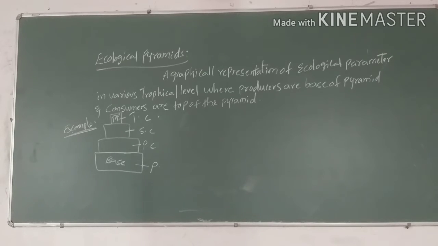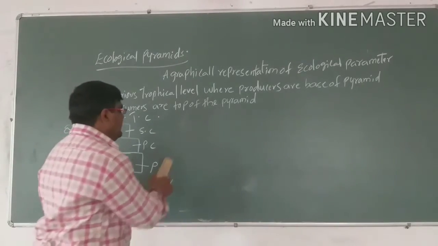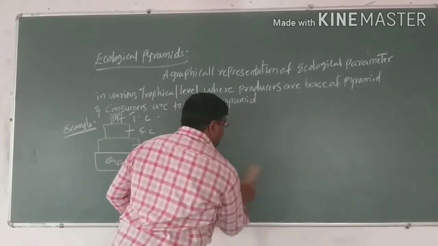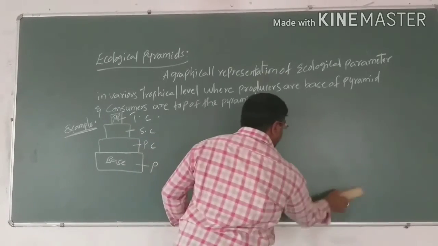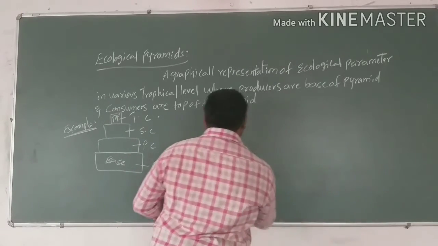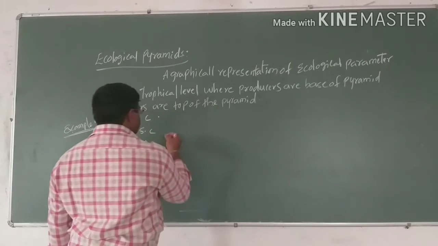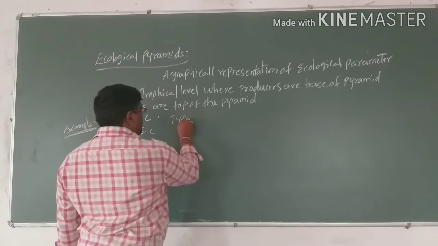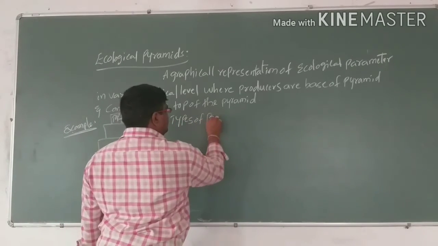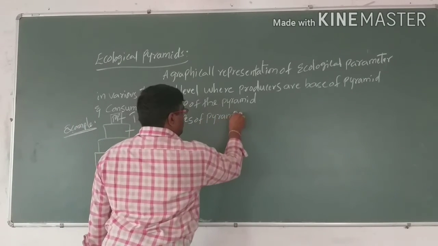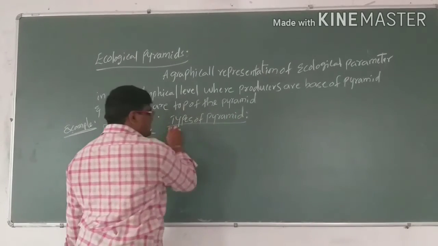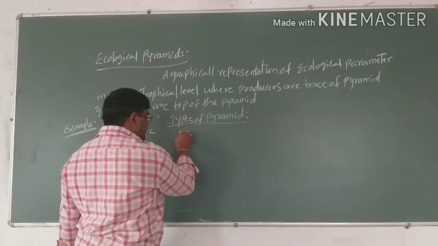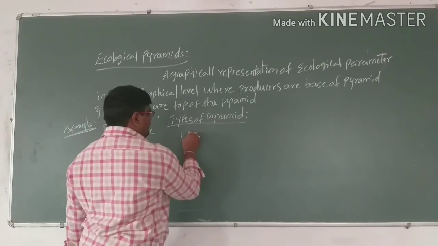Importantly, across the trophic levels, there are three types of ecological pyramids. One we can call the pyramid of number.